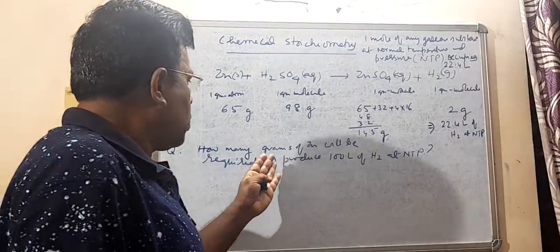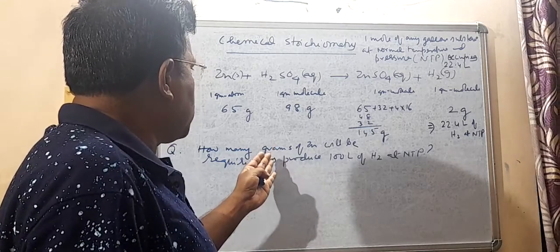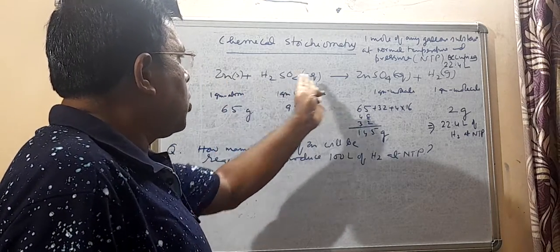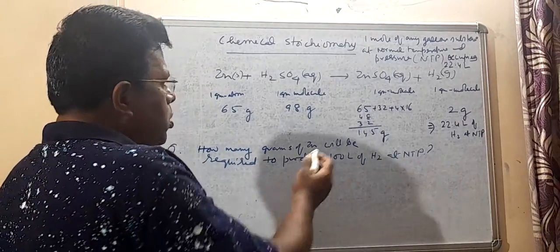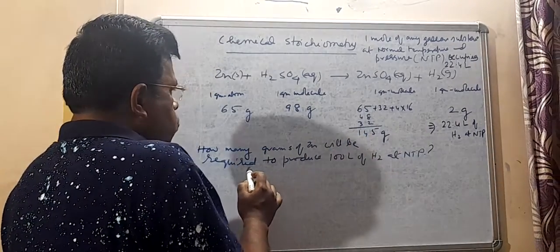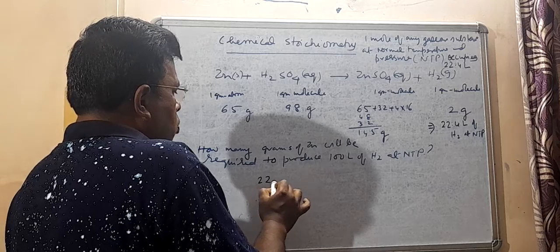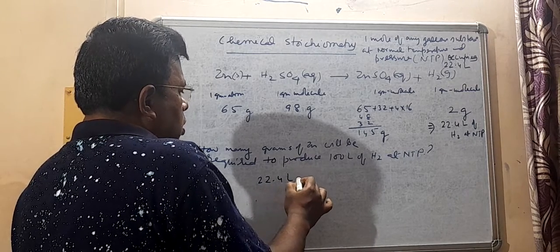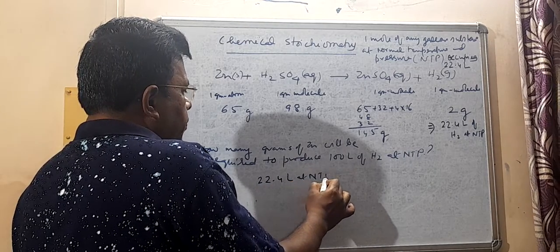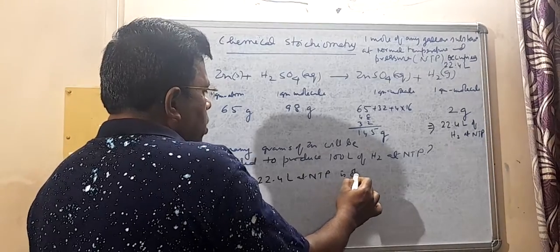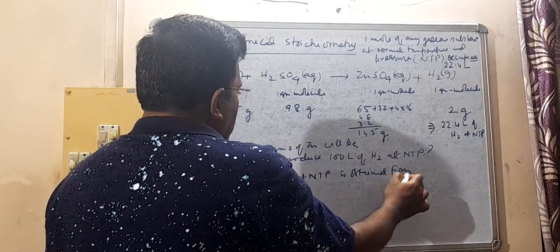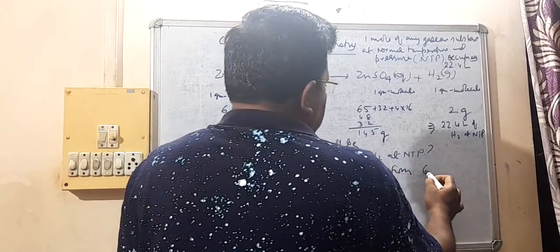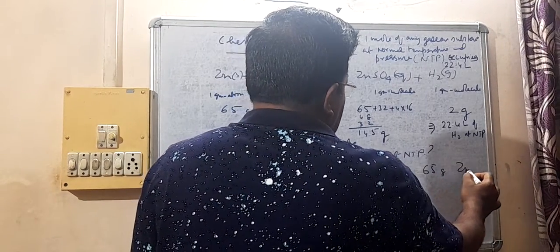So you have to first write the equation, and from the equation we can write that 22.4 liters at NTP is obtained from 65 grams of zinc.